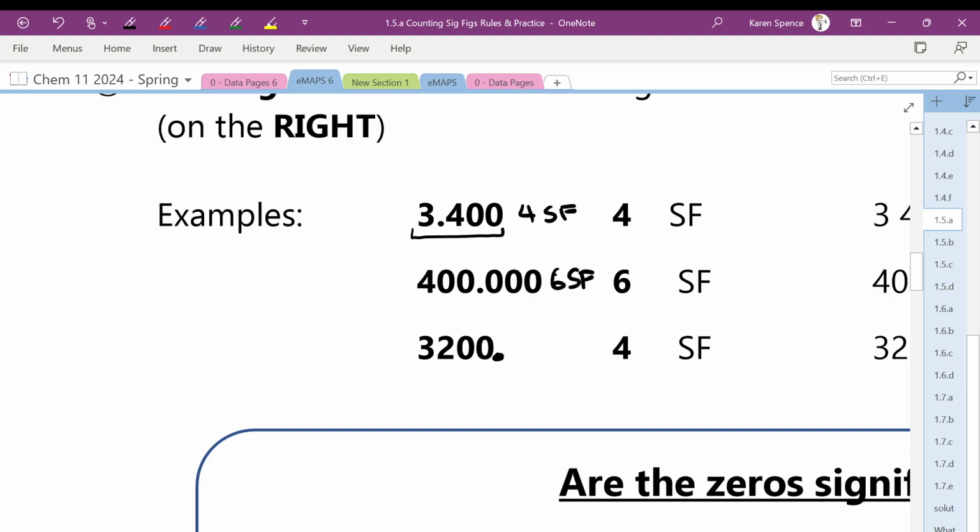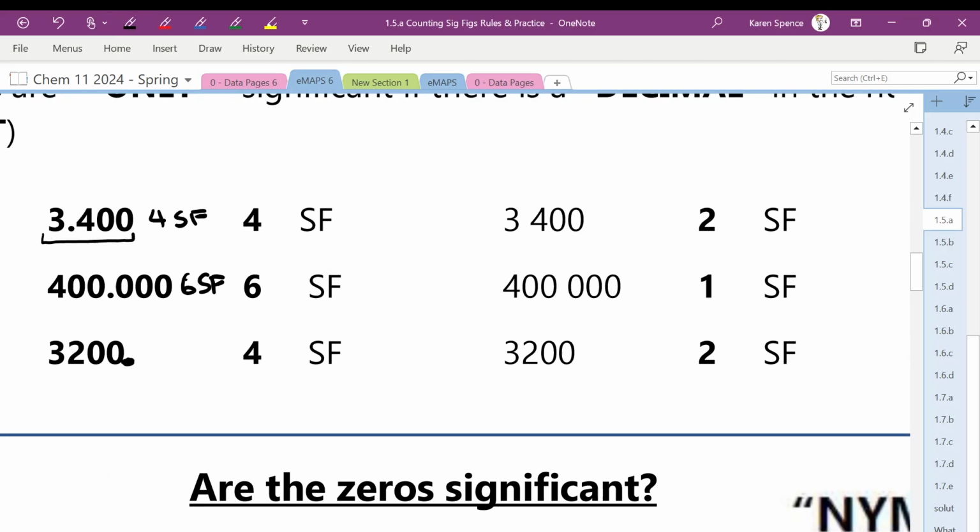It's not a usual thing. Quite frankly, we would probably prefer it if we wrote it as 3.200 times 10 to the 3, but we haven't learned scientific notation yet, so we will be learning it either later today or Monday, and so we're not going to worry about that just yet. You can put a decimal right there, and that is okay. All right, so that is 4 sig figs.